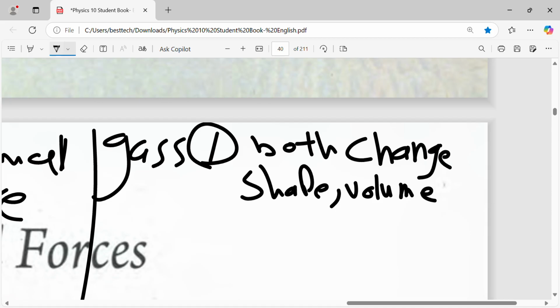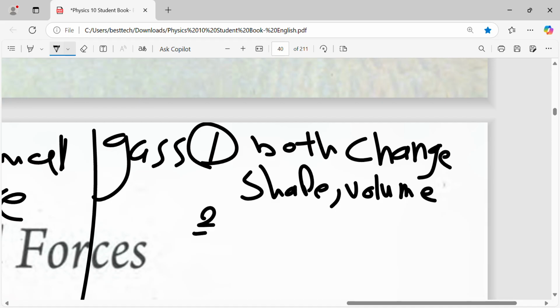For example, we have oxygen. We can breathe oxygen, right? Could you see the oxygen O2 with your eyes? No. Could you determine the shape? No. Could you see the volume? No. So that's why with gas, you cannot determine the shape and the volume.